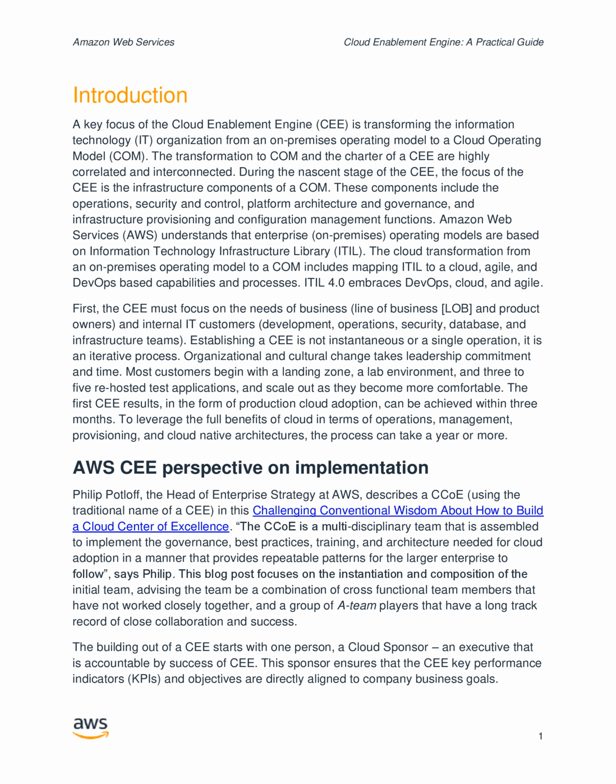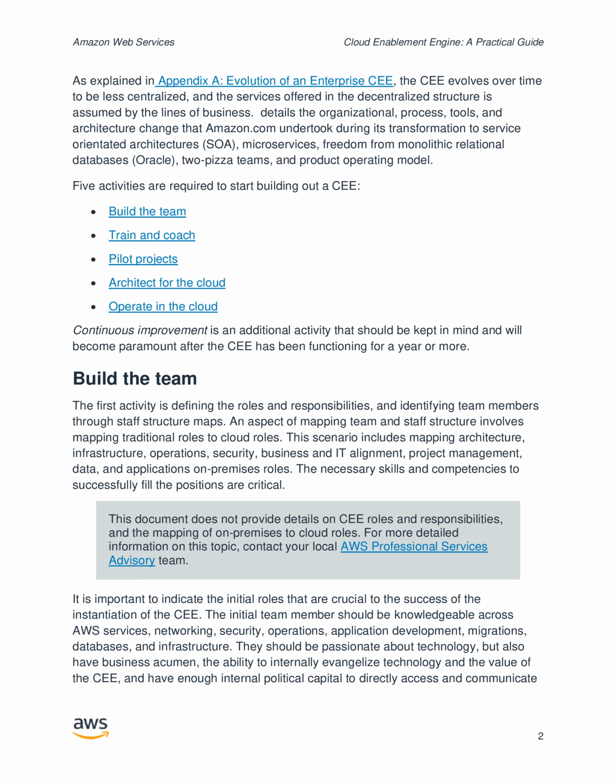The building out of a CEE starts with one person, a cloud sponsor, an executive that is accountable for the success of the CEE. This sponsor ensures that the CEE key performance indicators, KPIs, and objectives are directly aligned to company business goals. As explained in Appendix A, Evolution of an Enterprise CEE, the CEE evolves over time to be less centralized, and the services offered in the decentralized structure are assumed by the lines of business.